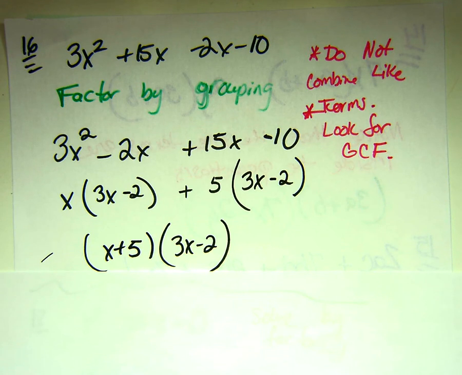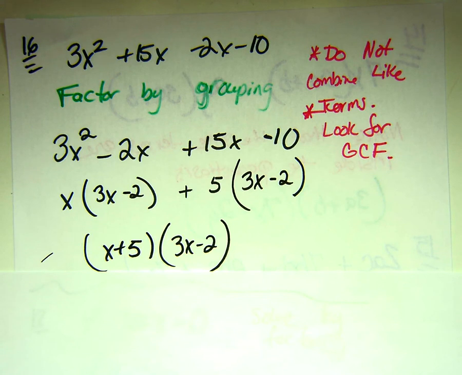I see a 3x, they have an x, and then I have a negative 2x. Now I'm choosing to combine those two, because this is a 15x and that's a minus 10. You should know that 5 is a factor of both 15 and 10.